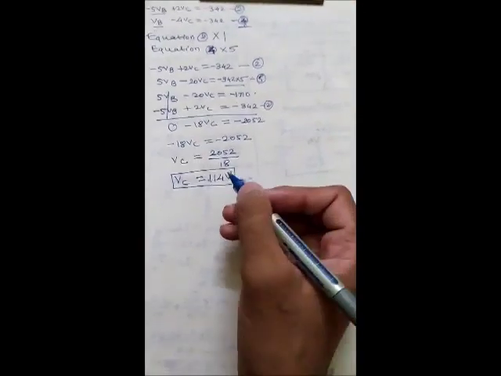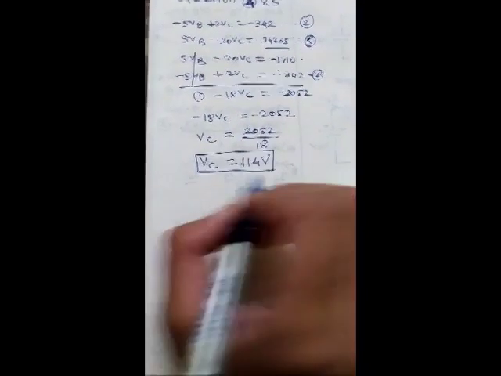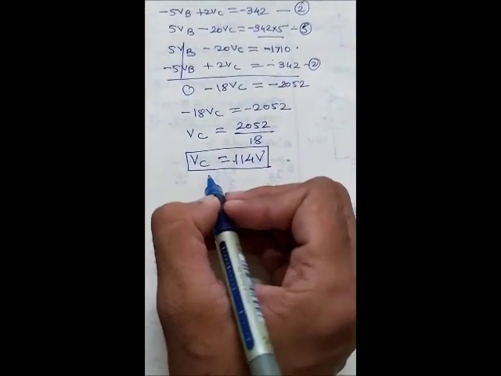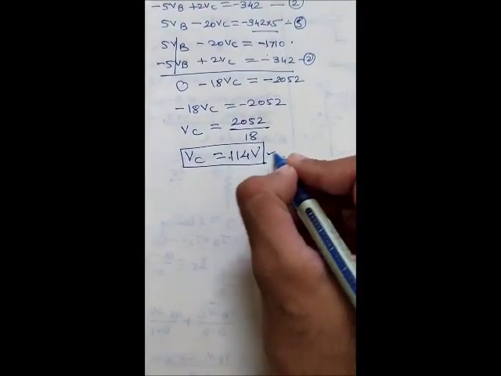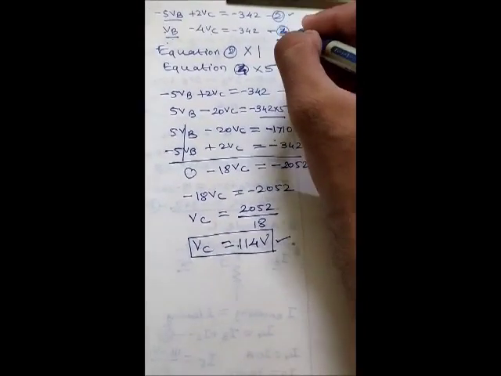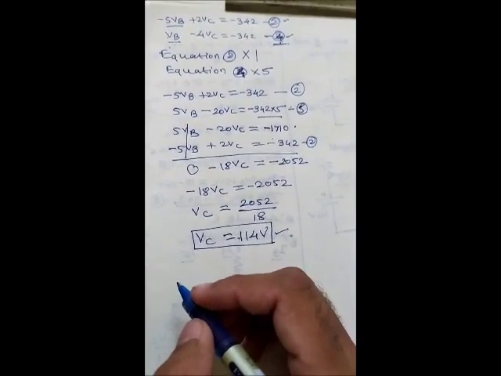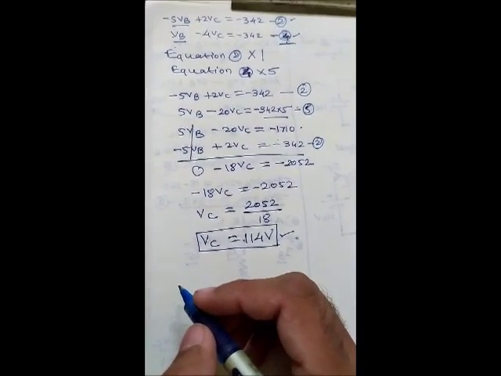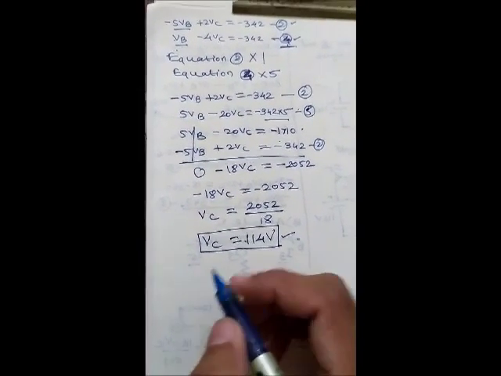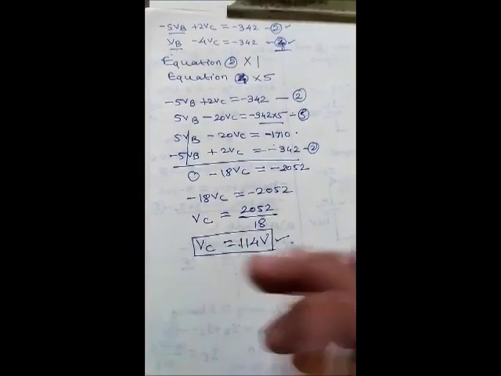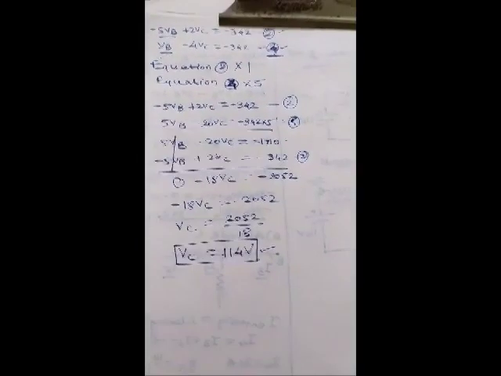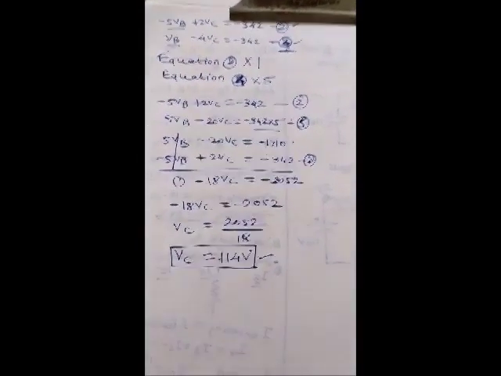Okay, we have calculated one node voltage, VC. Now similarly calculate the node voltage VB. Either put the value in equation number 2 or equation number 4. It will be easier for me to put the value of VC in equation number 2.